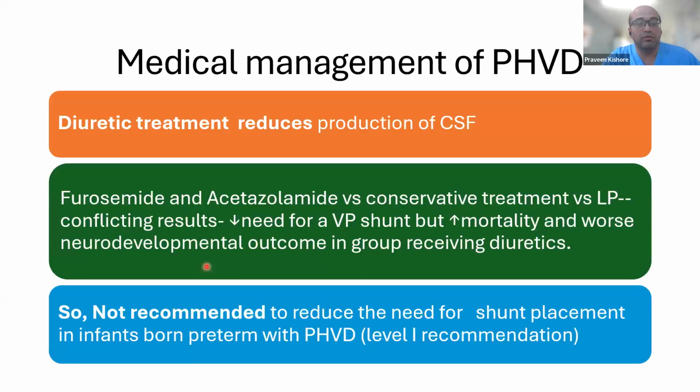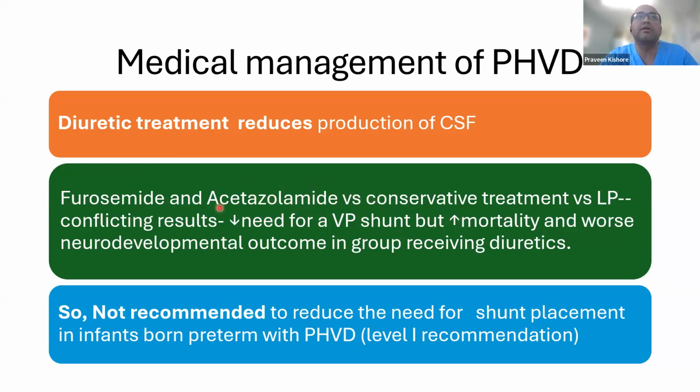I will go to some theory now. The first management that we used to try, which is not as popular anymore, is medical management of PHVD. There was this concept that diuretics reduce the production of CSF, so furosemide, and I have used a lot of acetazolamide when I practiced in India, especially for tubercular meningitis and hydrocephalus caused by it.